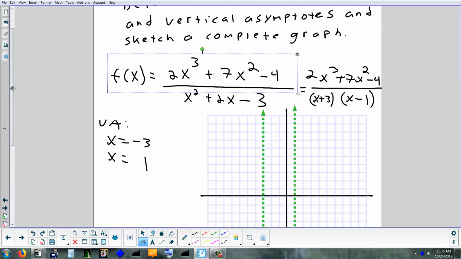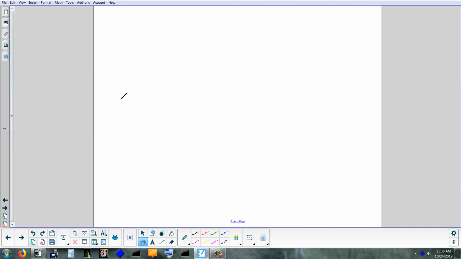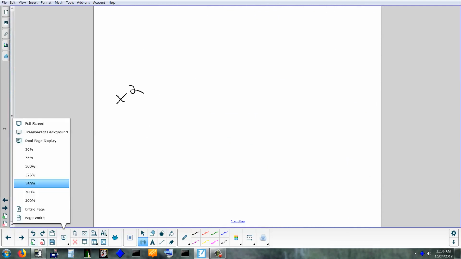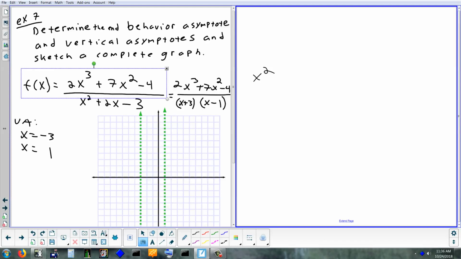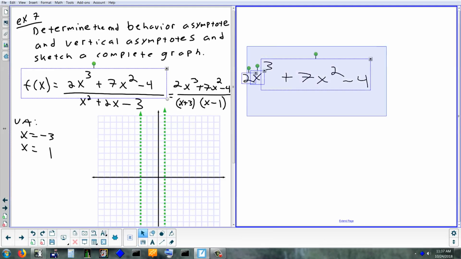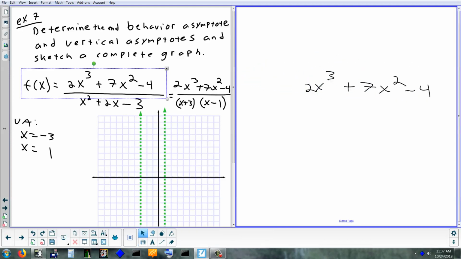So let's, I need a little more space. So x cubed, sorry, plus 7x squared minus 4. Okay, that's going to be what I'm dividing into.